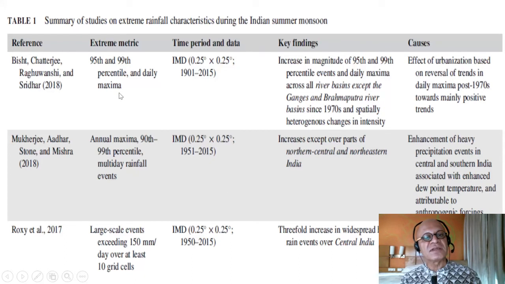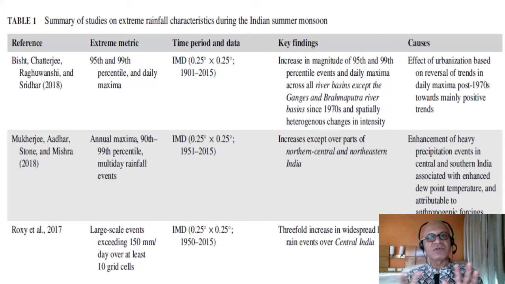considered a different metric, not always the same, and the key findings are interesting because we have to always make sure that none of them are inconsistent with each other just because they use different data or a different period or a different metric.